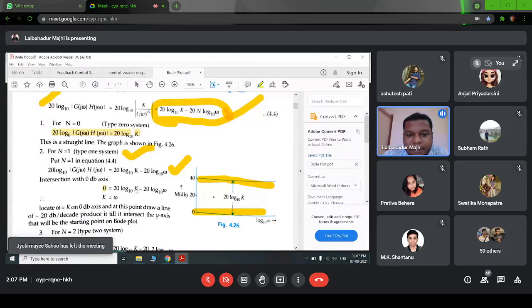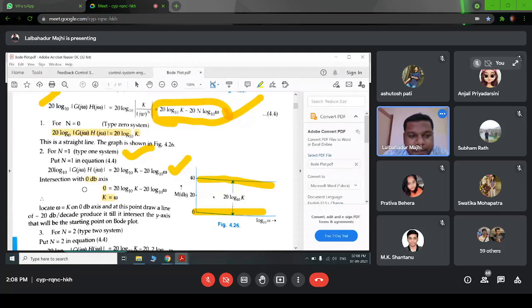So 20 log K minus 20 log omega equals 0, because n is equal to 1. By solving, we get K equal to omega. For a type 1 system, when K is equal to omega, the magnitude plot will intersect the 0 dB axis. Clear?